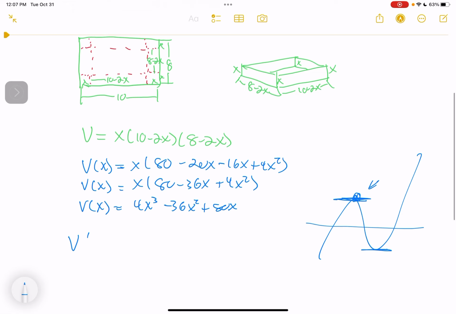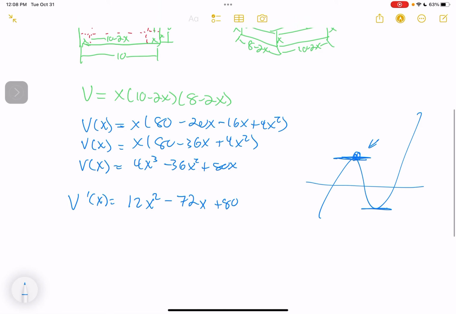So V prime of x is 8x squared. Nope, not 8x. 12, everyone correct me, 12x squared minus 72x plus 80. Now we could divide out of each of these. Oh, sorry, I'm skipping a step. So we're going to set that equal to 0.